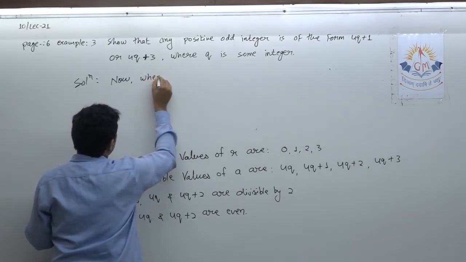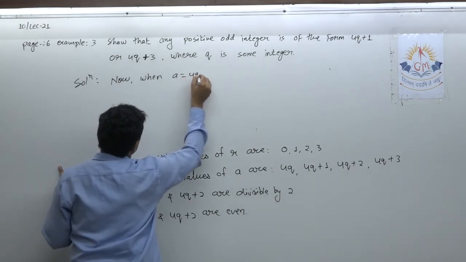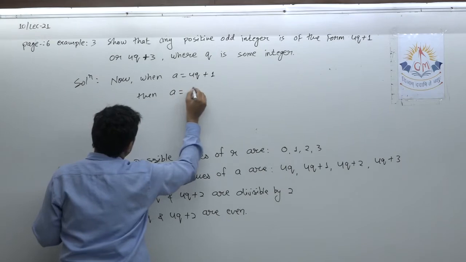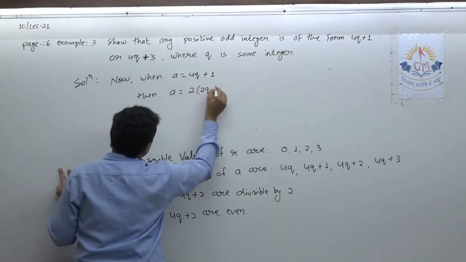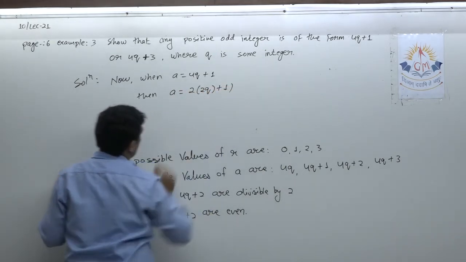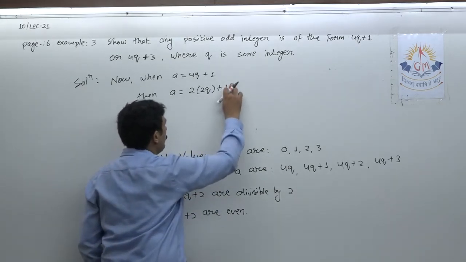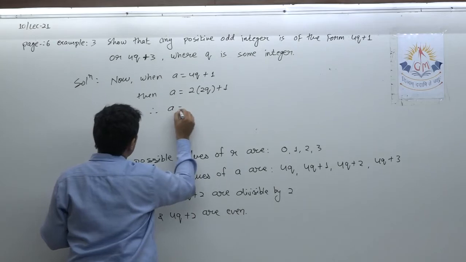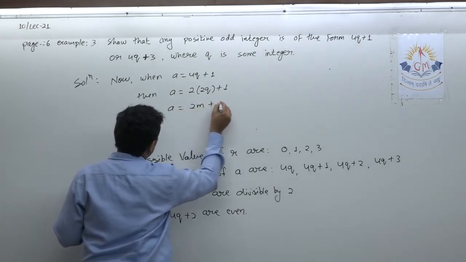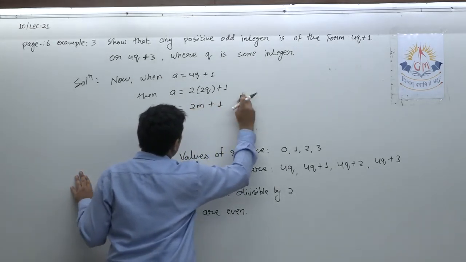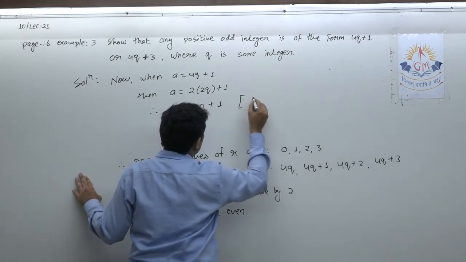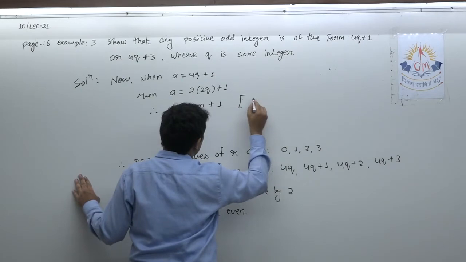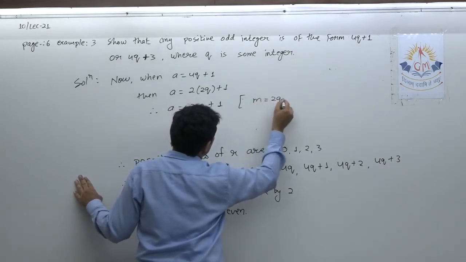Now when a is equal to 4q plus 1, then a can be written as 2 into 2q plus 1, isn't it? So therefore a is equal to 2m plus 1. Here you have to write what m stands for: m is equal to 2q.